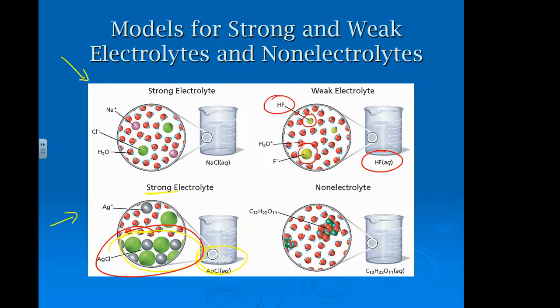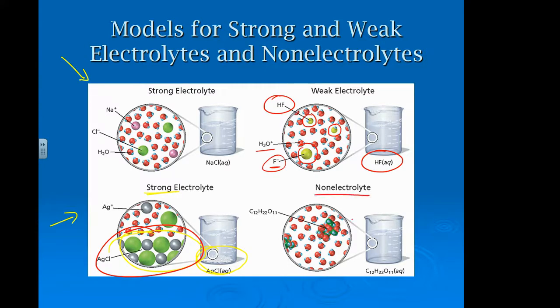It did not get separated out, where the hydrogen is surrounded by water and the fluorine is surrounded by water. This one did. So this fluoride ion did get solvated, and the hydrogen became part of this water molecule, forming a hydronium ion. But this one didn't. So this is a weak electrolyte because only some of them will get solvated. And here's another one that didn't get dissolved, and this is why it's a weak electrolyte.